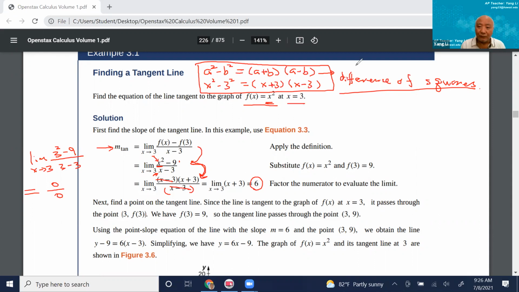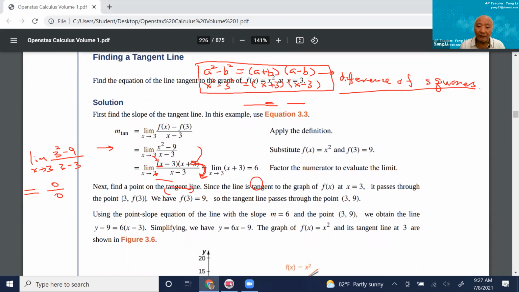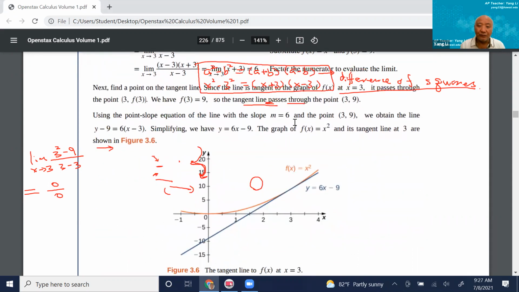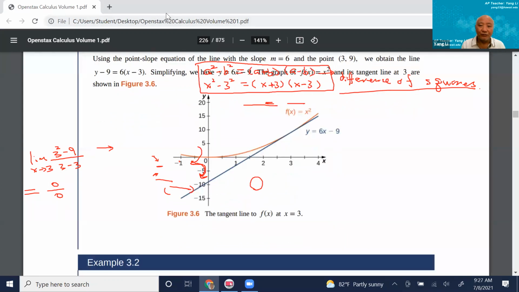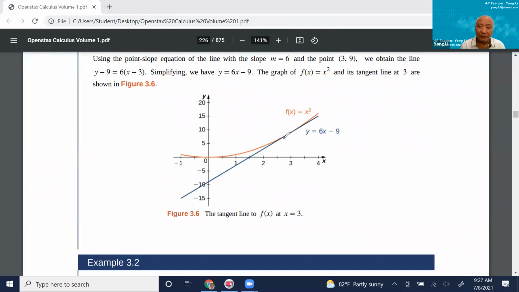Okay. Of course, remember we learned about how to find the tangent line since we know the slope right now, right? If we knew the slope, the things would be easier here. We knew the slope at x equals 3 here, right? So we can find the tangent line. We can use what we learn in pre-calculus, that's a point.